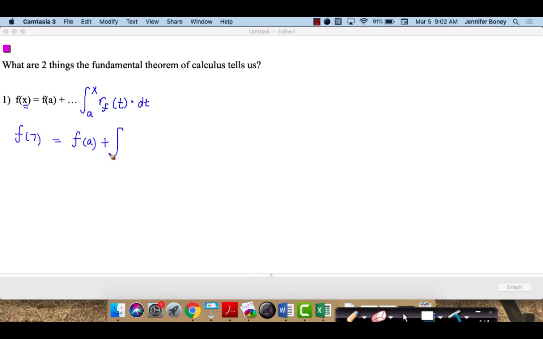I could find the value of this by taking whatever starting value I had and then using a rate from a to 7. If 7 happened to be smaller than a, this would end up taking away what happened because of the rate. So the relative size doesn't actually matter. But the two ways this is generally used: this way is to explain a function and how it's generated from its rate.